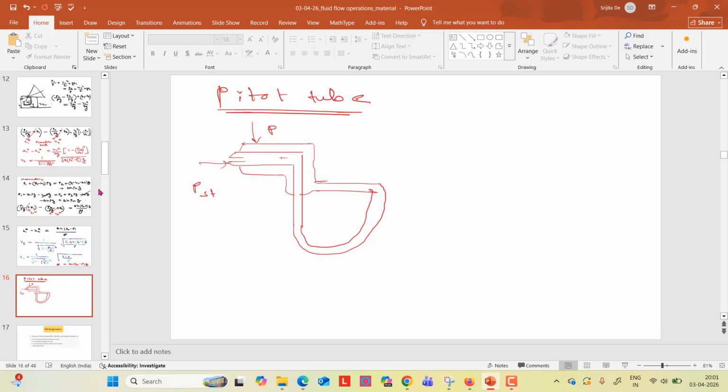It is going like this, and there is a height difference. This difference is delta H or H. Here also there is P. This is the static pressure PS.